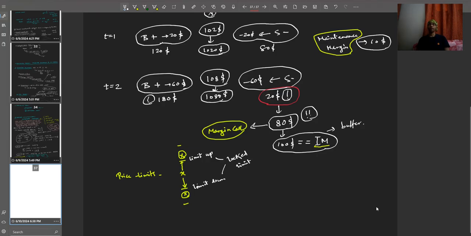So again we have heard four new terms: price limits, limit up, limit down, and lock limits. To revise, there is a band within which a contract may trade. That band is called the price limits. Now if someone wants to trade at a value higher than the upper limit, then limit up happens, as the upper limit is hit and the trade is stopped.